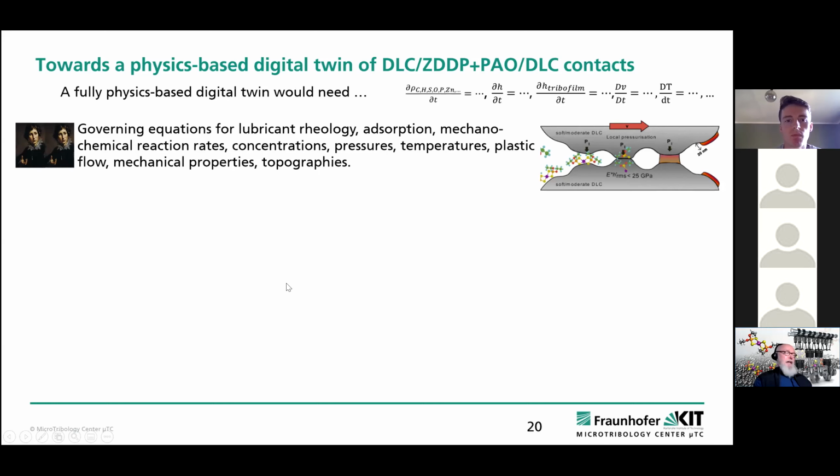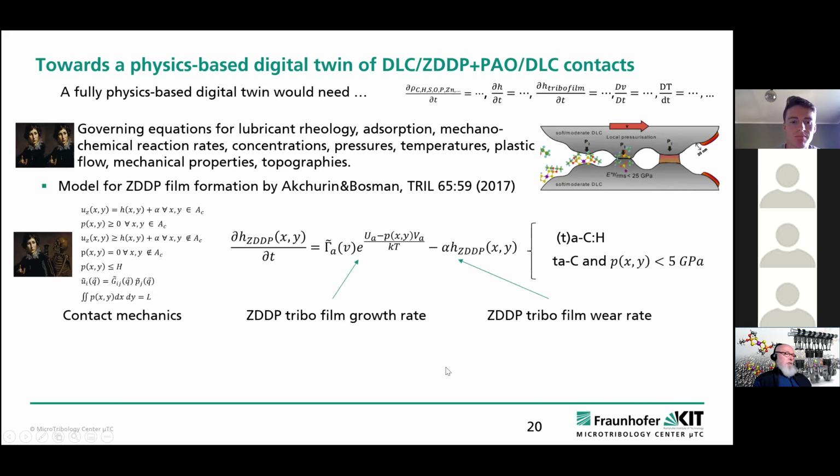And I agree with Daniele that this would be some work which would extend for the next 2 decades. But of course, we could say, don't take a full digital twin or full model. Let's take some kind of a skeleton of a model. This is a model which has been formulated by Ida Turing and his co-worker.